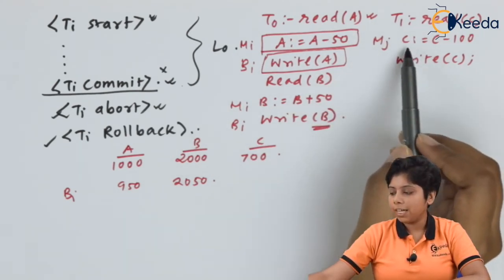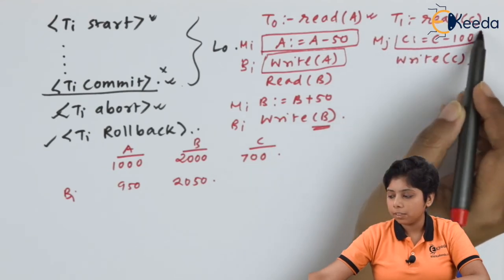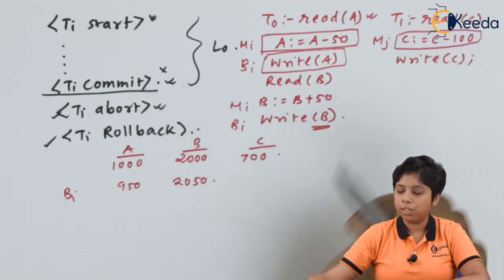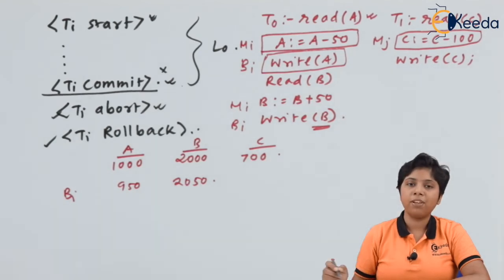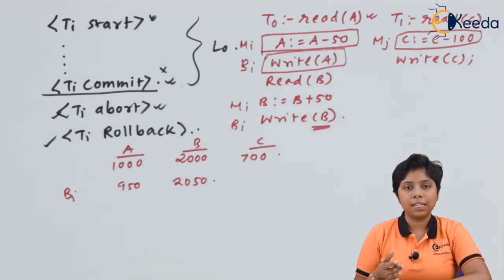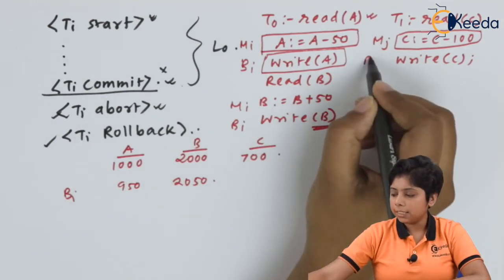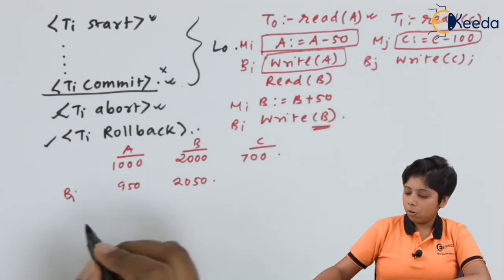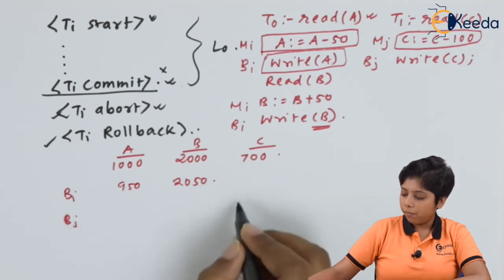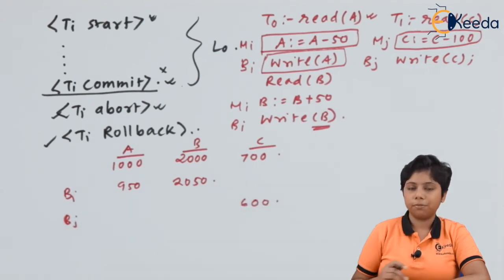Now my MJ is having C equals C minus 100, which is equal to 600, and writing C means we are having written to another buffer, which is considering the value of this T1 as this BJ. So now my BJ is having value 600.